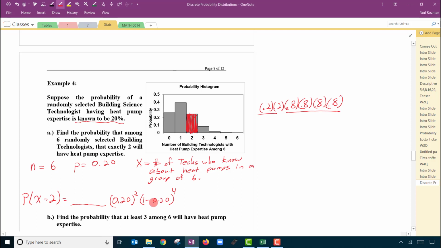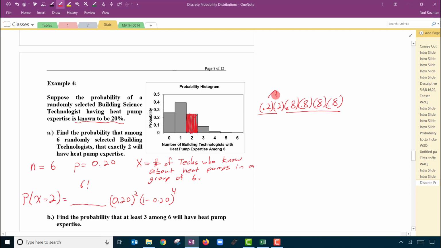That is my success. But now I have to think of the different ways that I can rearrange this data. And if I have 6 things in general, there are 6 factorial ways of arranging them. However, that's only true when they're all distinct. And in this case, a 0.2 is the same as a 0.2.